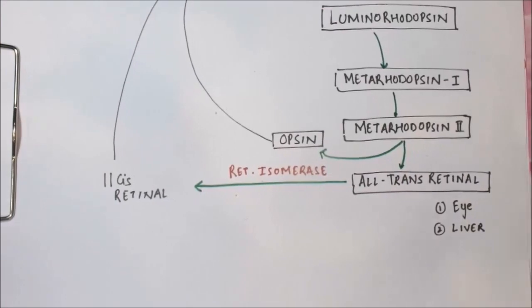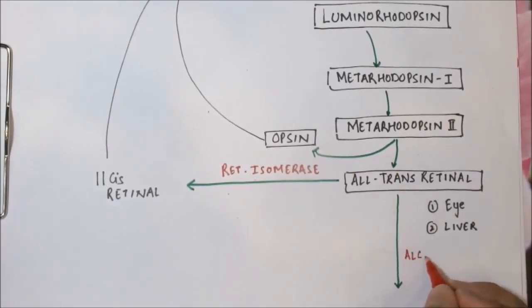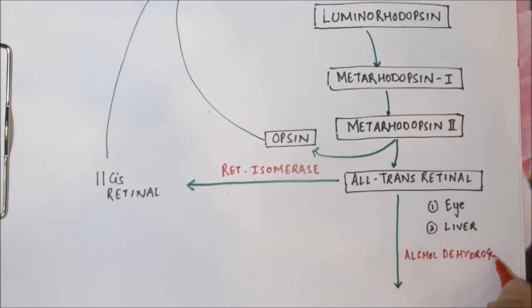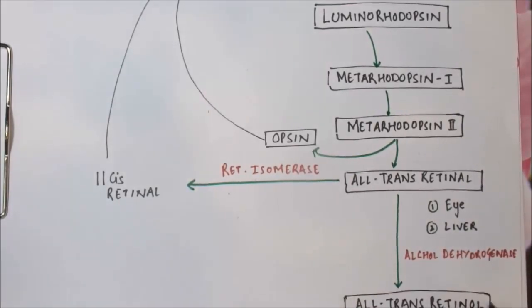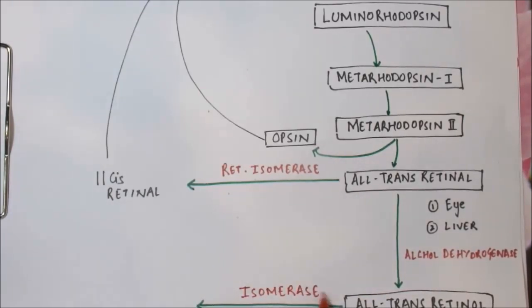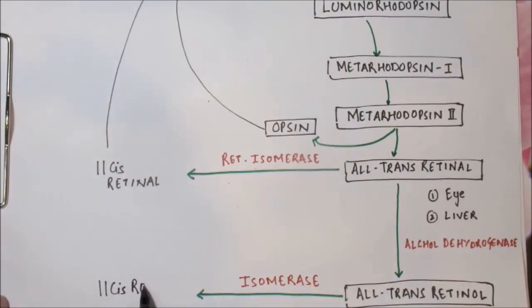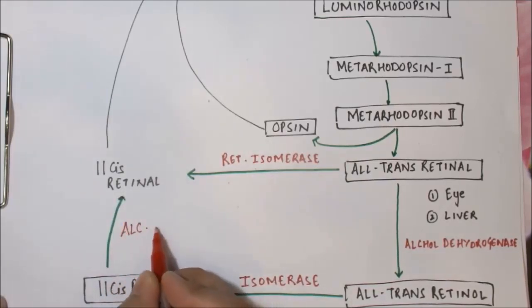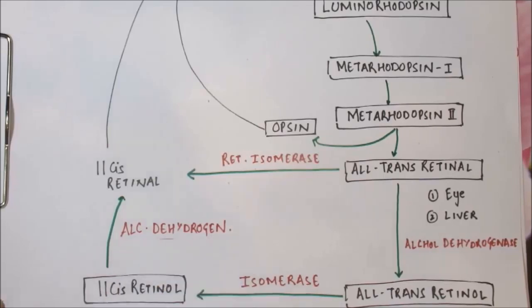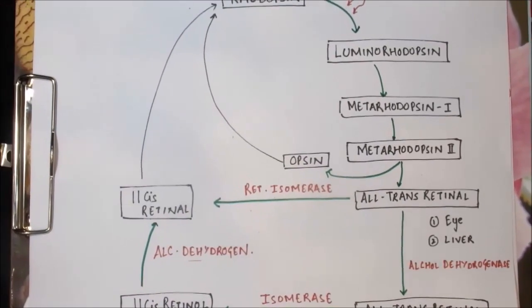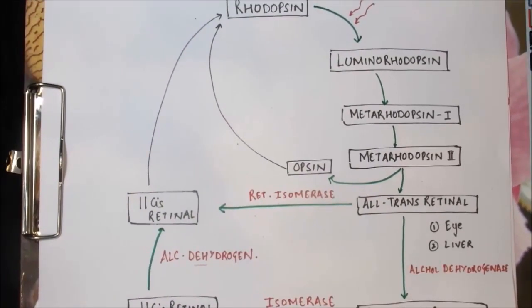While in the liver, alcohol dehydrogenase enzyme converts it into all-trans retinol, which is again converted by isomerase enzyme into 11-cis retinol, which is then converted into 11-cis retinal through alcohol dehydrogenase. This is the whole cycle of Wald's cycle, and this you must remember.